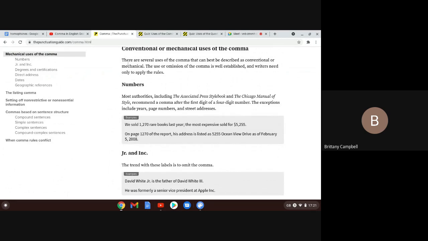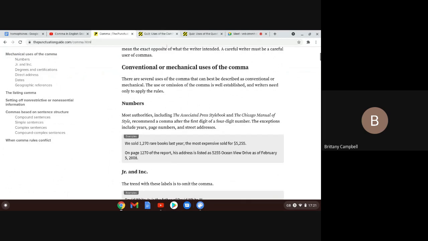Let us look at this, the conventional or mechanical use of the comma. So place your attention here as we proceed. Now, there are several uses of the comma that can best be described as conventional or mechanical. The use or omission of the comma is well established, and writers need only to apply the rules.